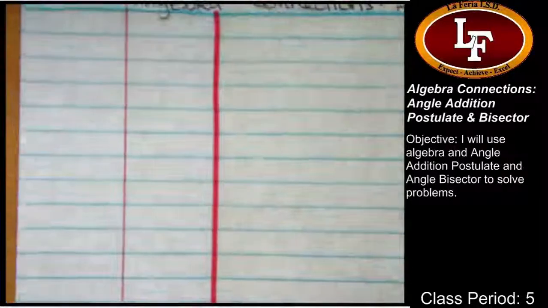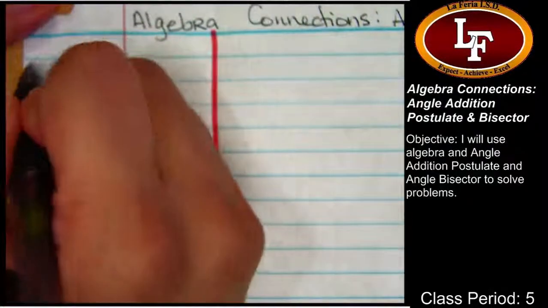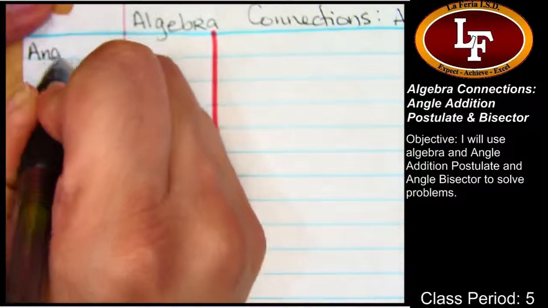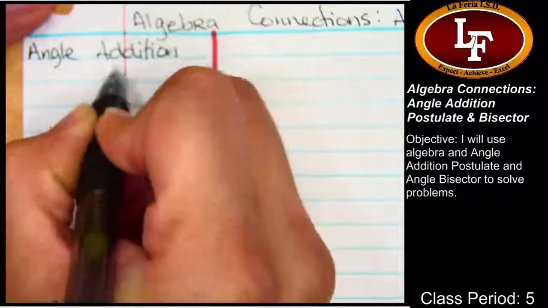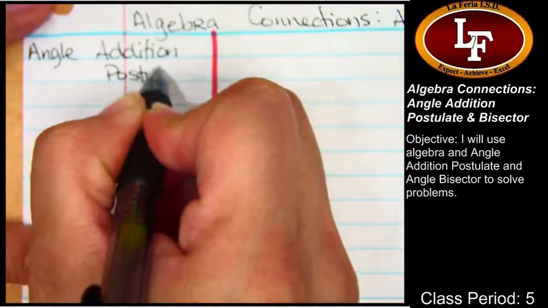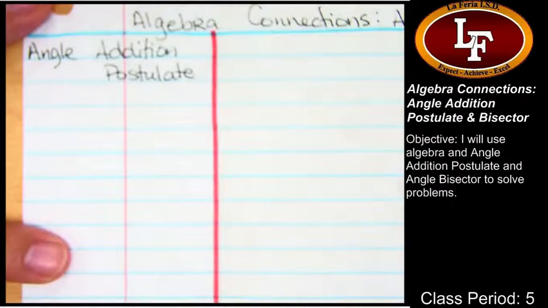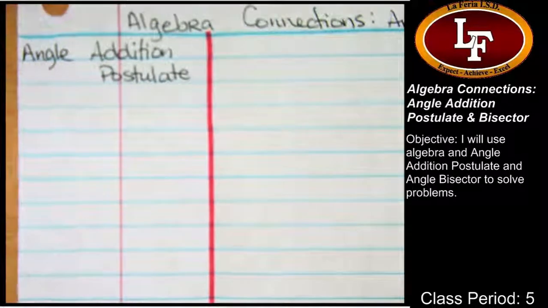I'm going to zoom in here on the left, and we're going to start off the title with the angle addition postulate. And the angle addition postulate says this. Now I'm going to write a bunch and then we'll draw the picture and it'll become clear. Okay?